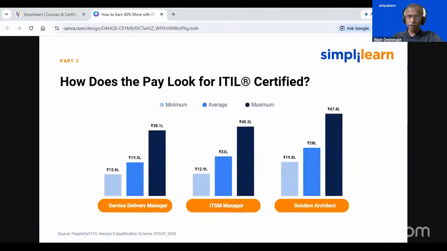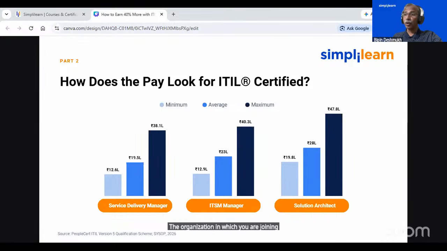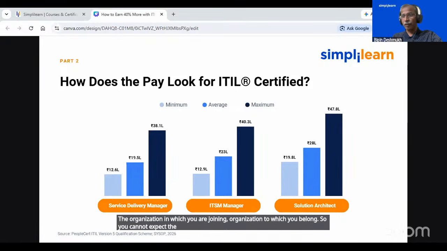If we start with the service delivery manager, the role depends upon the experience and the area in which we work. Salary is one important and critical aspect. It depends upon the organization you are joining. You cannot expect the salary levels to be similar in Indian MNCs and foreign MNCs in Fortune 500 companies.